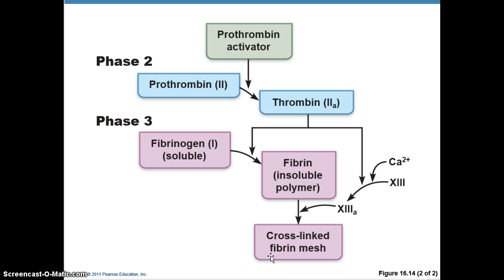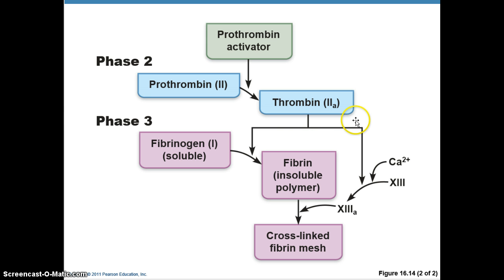After prothrombin activator is formed, we'll go over the text on the last slide. Here you have it. Prothrombin activator catalyzes the conversion of prothrombin to thrombin. Thrombin is an active enzyme. Prothrombin is an inactive enzyme. So it gets activated by prothrombin activator.